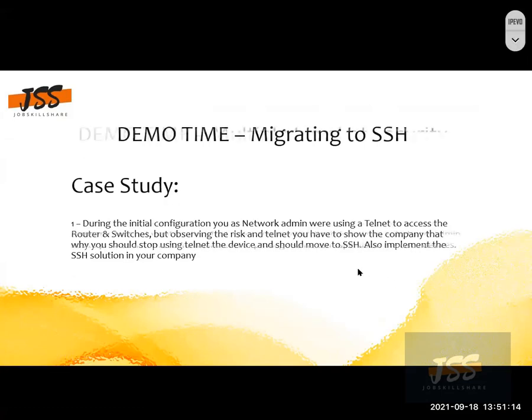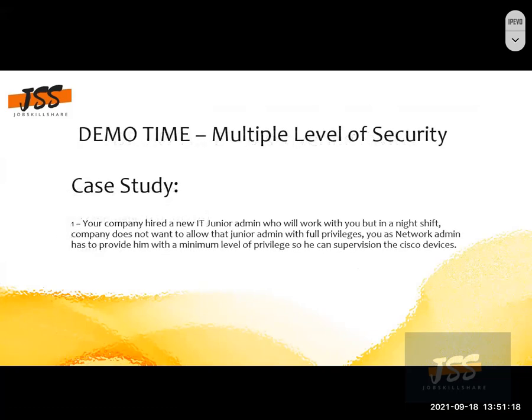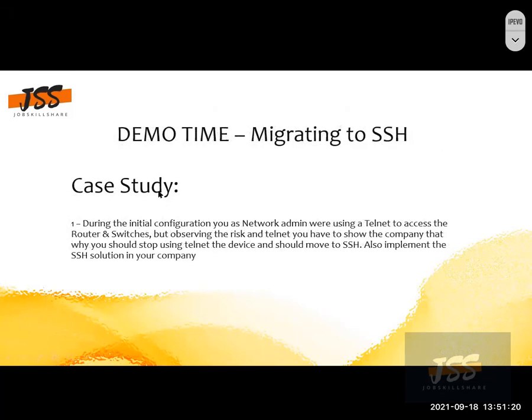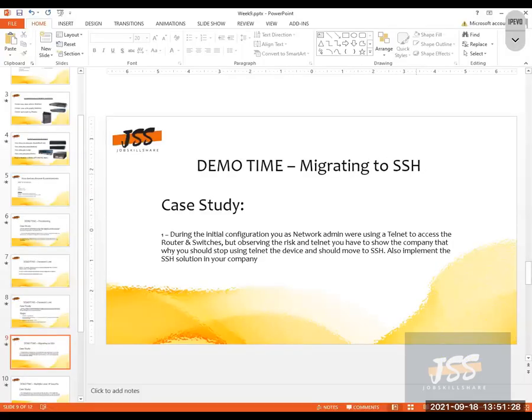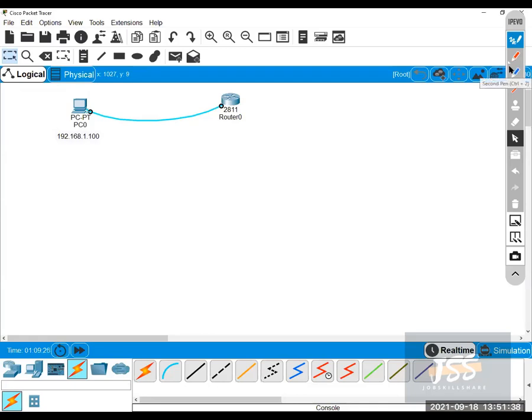So, migrating to SSH, and then we have levels of security. Okay. Can you digest, Crystal? Yes. Okay, that's fine. So let's go to the SSH. Previously, we were doing what? Previously, the last step, when we lost the password, we saw the steps to follow.